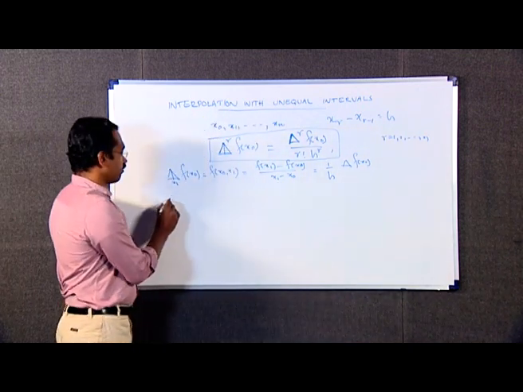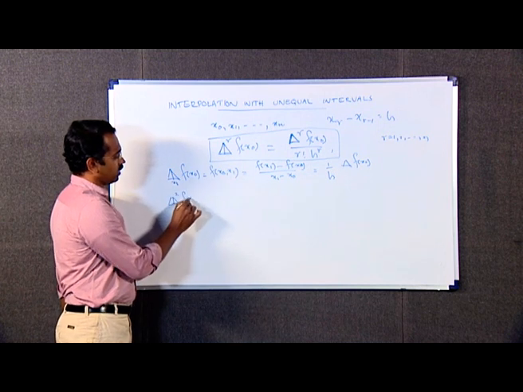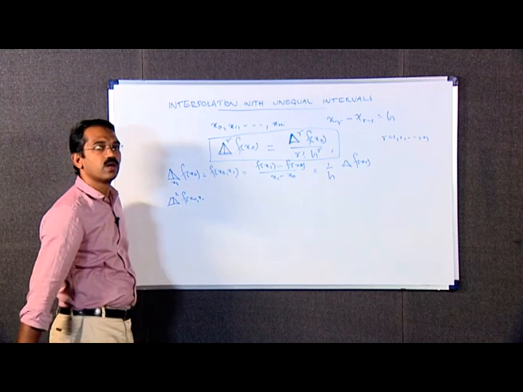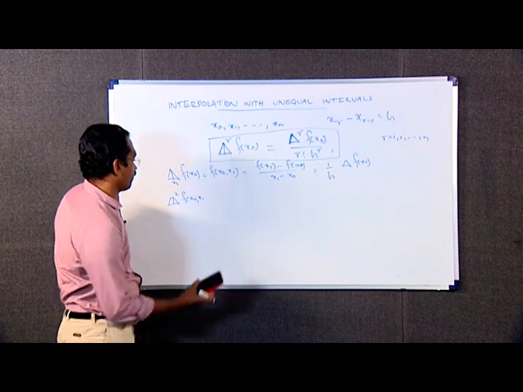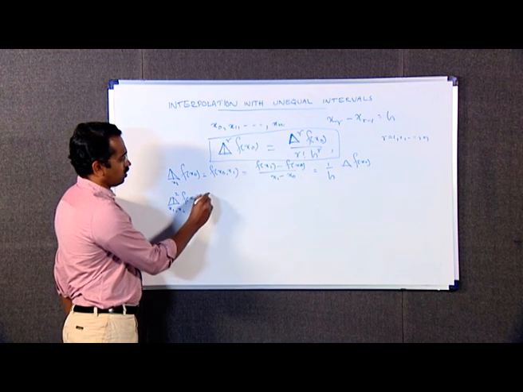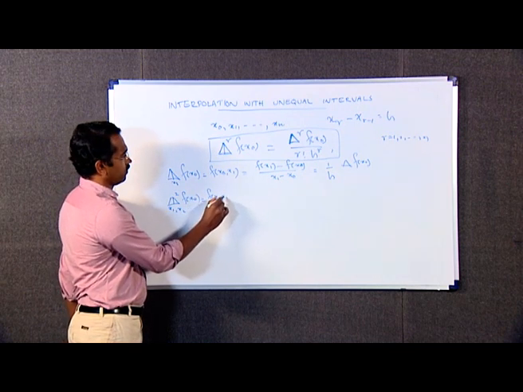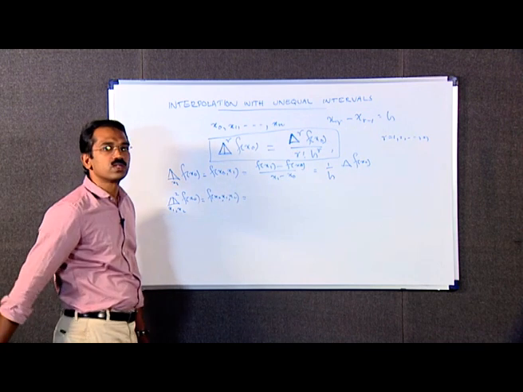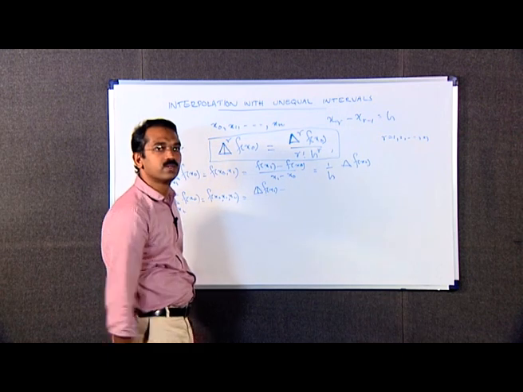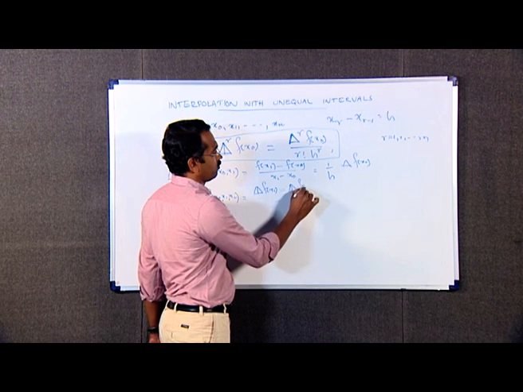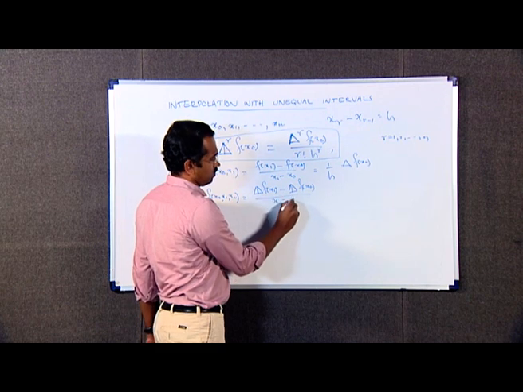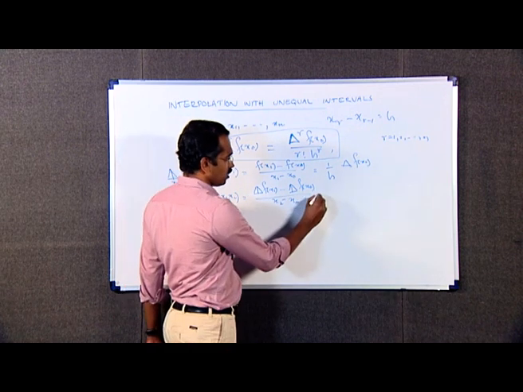The second order divided difference, divided delta square f between the arguments x0 and x1, is equal to, by definition, we can use this notation also, f of x0, x1 and x2, which is equal to divided delta f of x1 minus divided delta f of x0 divided by x2 minus x0.